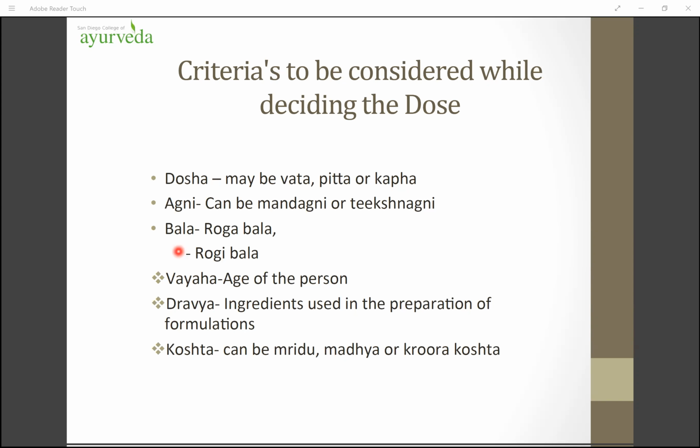There are certain people who cannot digest these antibiotics at all, their stomach is very sensitive, and they immediately have either diarrhea, or a stomach pain, or they end up with hyperacidity and so on. So based on the patient, based on your client, the potency of the medicine, the dosage of the medicine, and the medicine by itself would vary. Okay, so it becomes very important for you to understand the Rogi Bala and the Roga Bala.